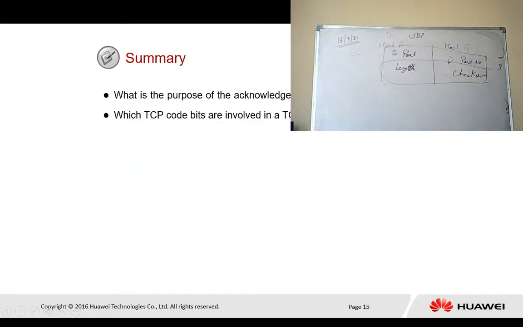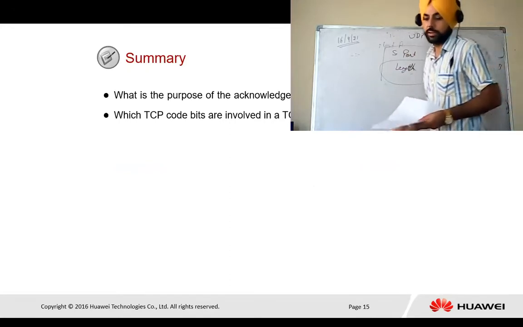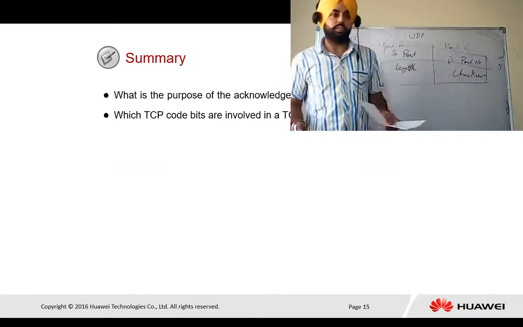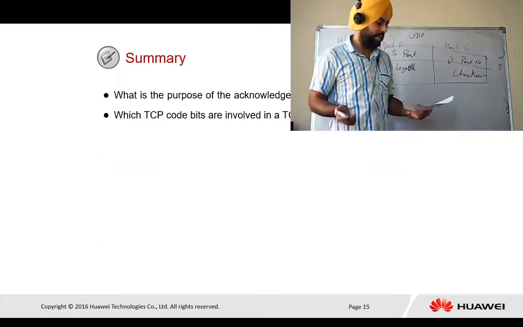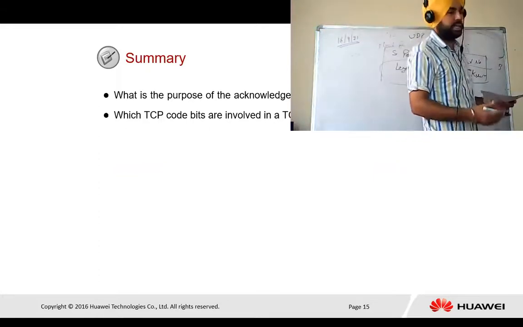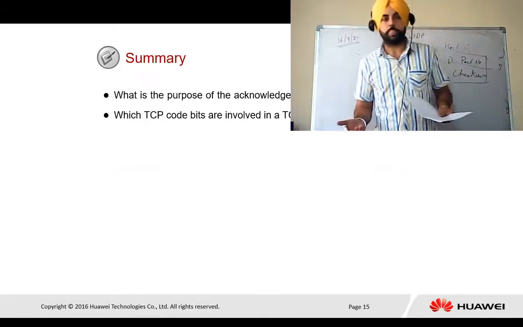So next we have some questions for this topic. What is the purpose of the acknowledgement field in the TCP header? In the case of the TCP header, it tells whether the data has reached or not, that is reliability.